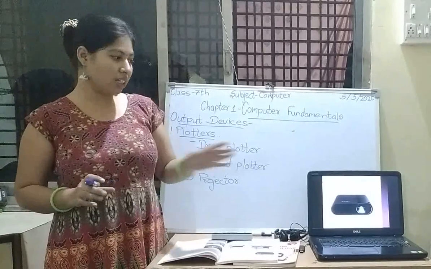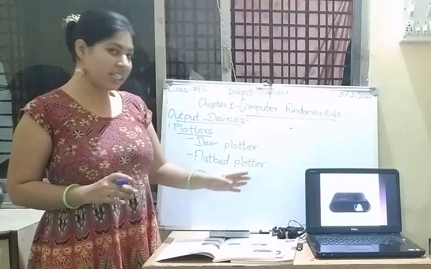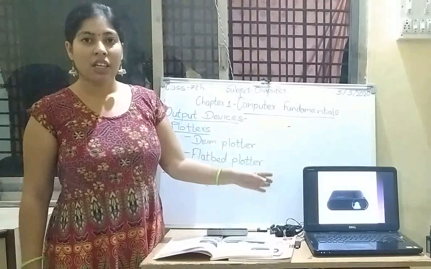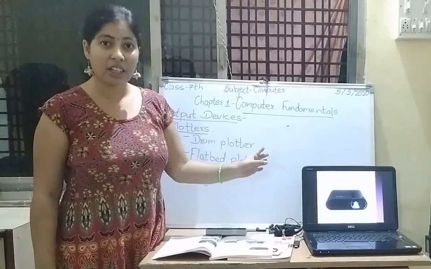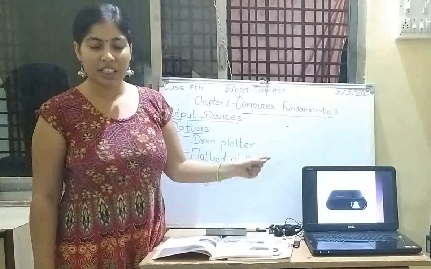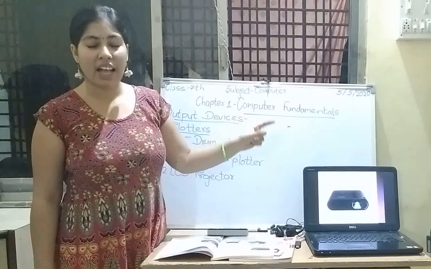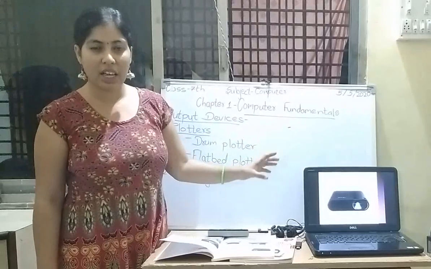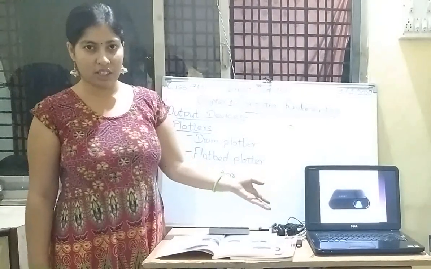Now the name of this projector is the LCD projector, because the full form of LCD is liquid crystal display. As there are LCD monitors, in the same way these kinds of projectors are LCD projectors.